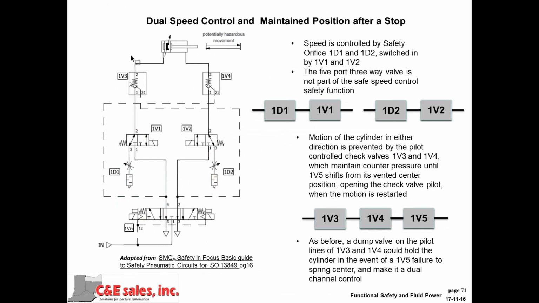In addition to that, I have two pilot-operated check valves, which prevent motion. For example, if I do pull out a jam, as long as the valve is spring centered here, these check valves will block any motion. Again, and this is an interesting issue with statistics, if I want to discuss the safety of any motion, I have the potential failure mode of these three valves.